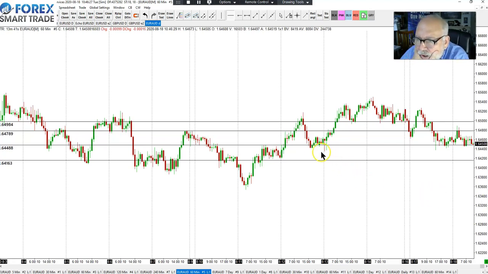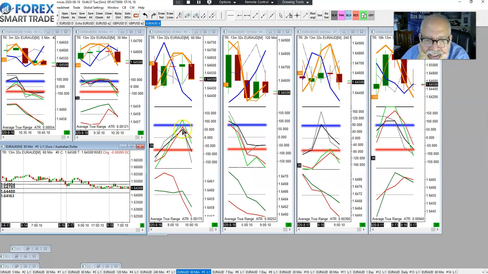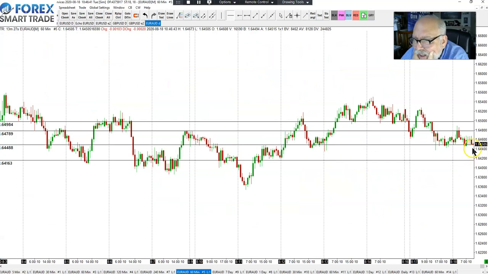All right, so we are just above a support line. We were looking to take a sell. We've got just a little bit of room till we hit this line, just a couple pips, 3 pips.